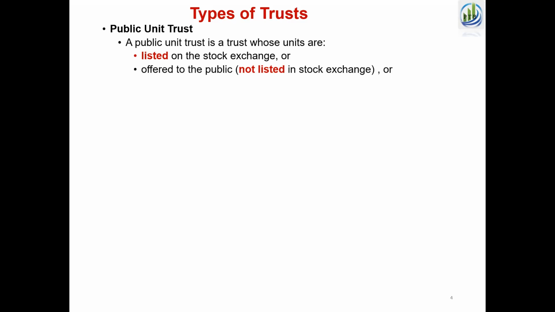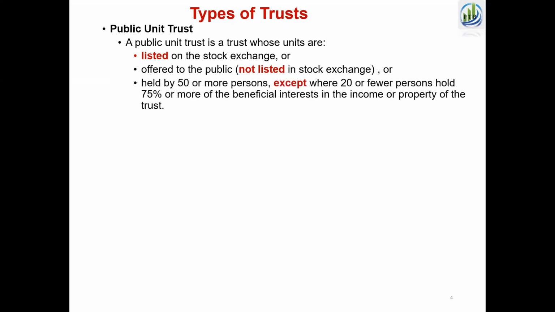That's called the public unit trust, listed and non-listed. So 50 or more persons should be beneficiaries, and where 20 or fewer persons hold 75% or more of the beneficial interest in the income or property of the trust. This means you cannot have more than 75 percent held together by 20 people, right?